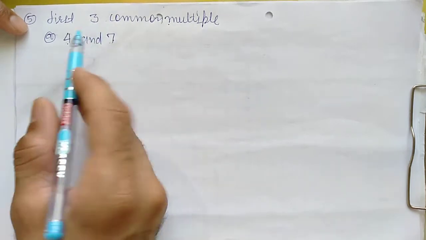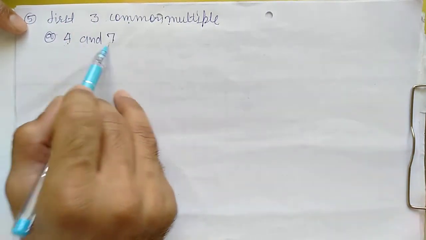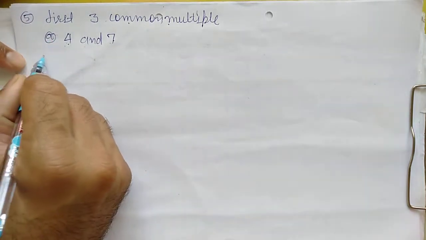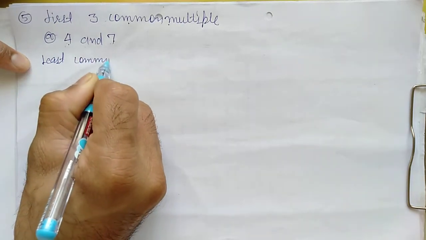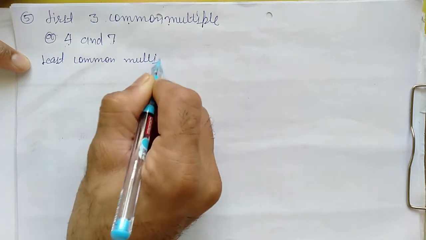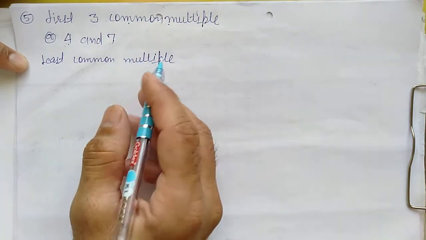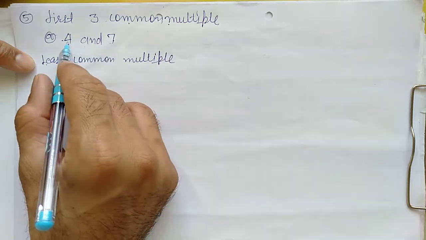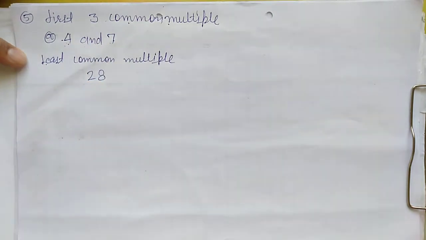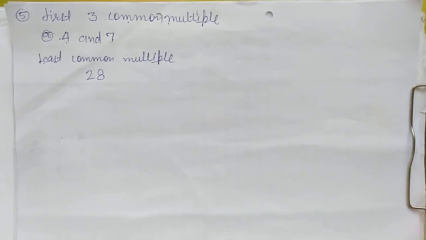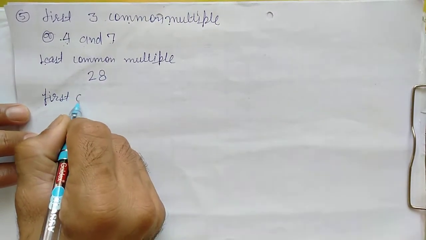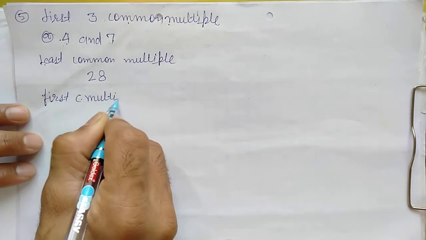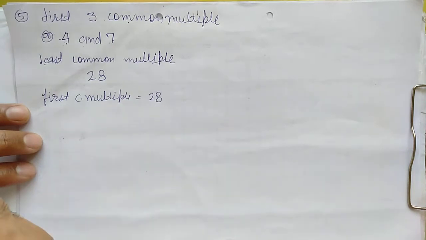First we will find the first common multiple, and the first common multiple will be the least common multiple, LCM. The first is always the least. The LCM of 4 and 7 is 4 times 7, that is 28 only. The first common multiple is 28. We have to find here the first three common multiples.